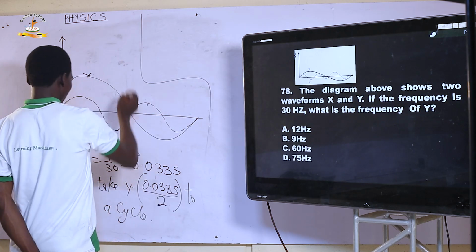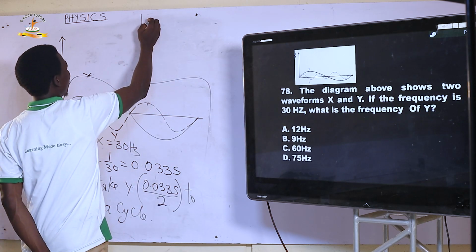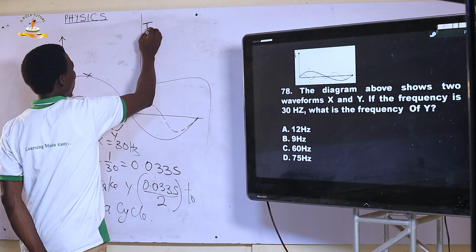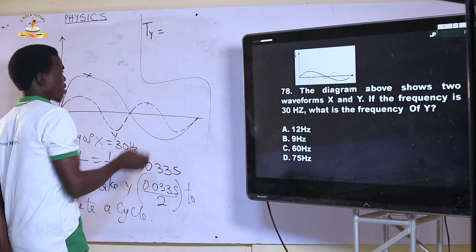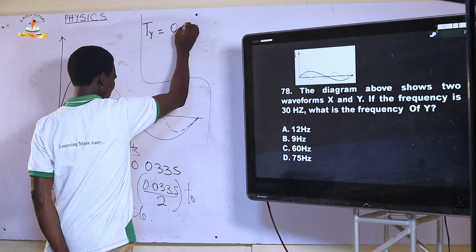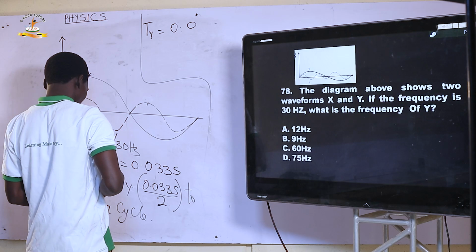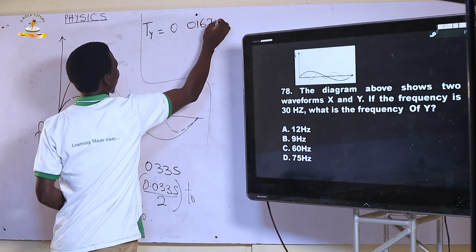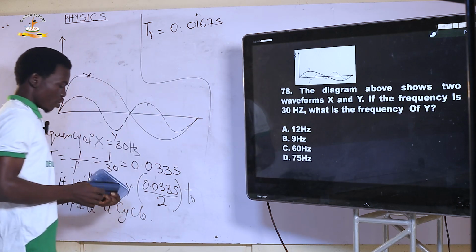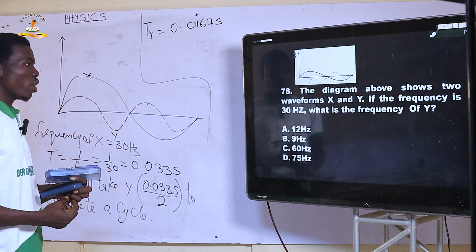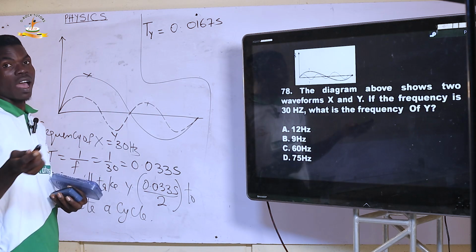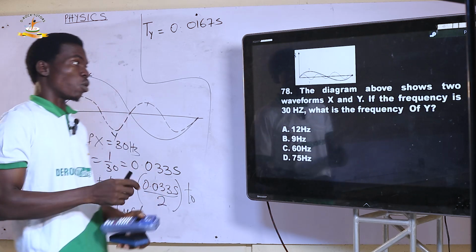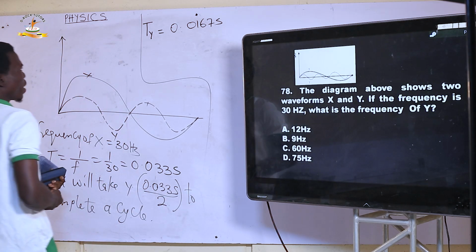Then we can say definitely the period of y is 0.0167 seconds. That is the period of y. However, the question did not ask us for period, it asked us for frequency. We go back again.